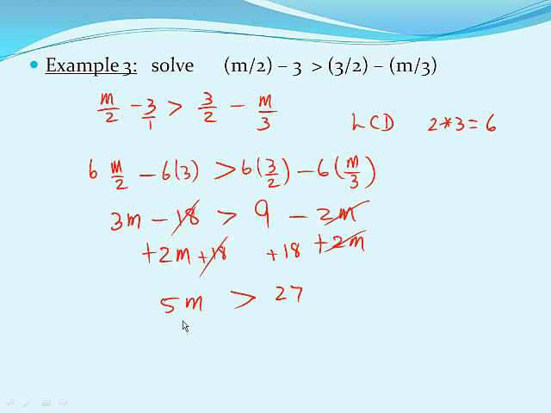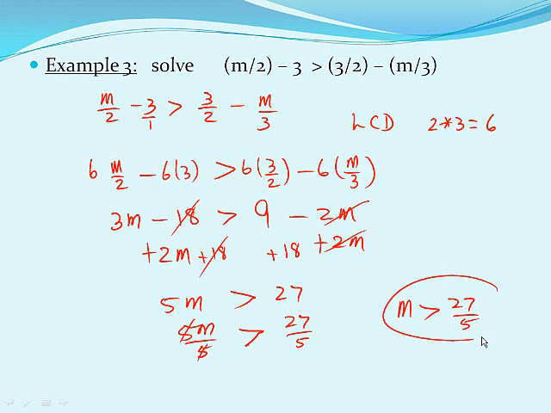So divide by 5. 5 is a positive number, so 5m divided by 5 is greater than 27 divided by 5. The 5 cancels, getting m greater than 27/5. So that will be the answer there.